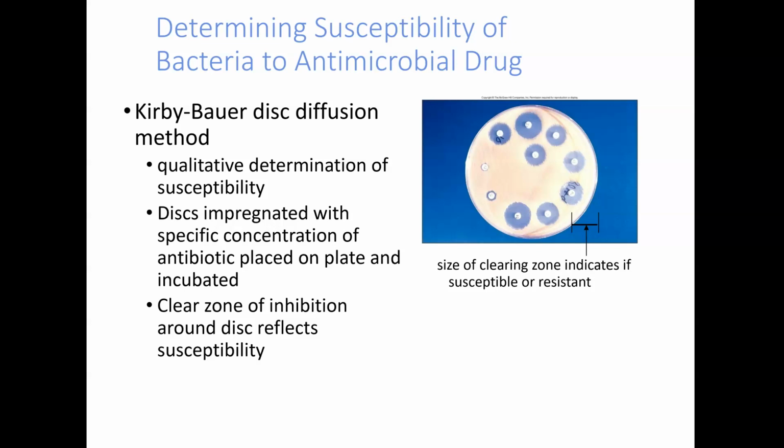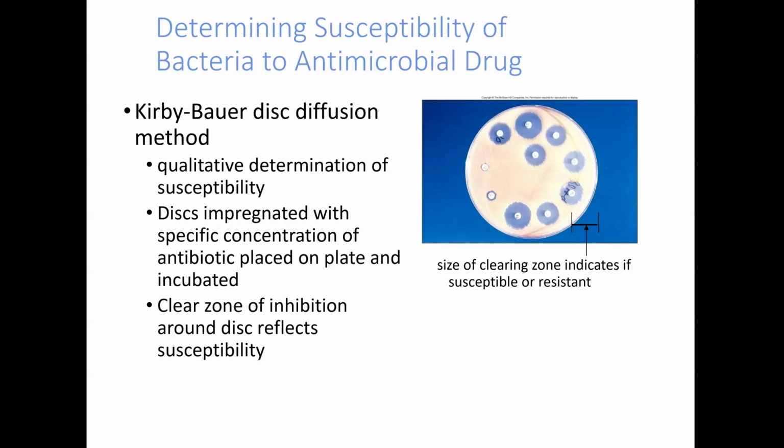Another approach to determining susceptibility is the Kirby-Bauer disc diffusion method. So you basically take an agar plate of Mueller-Hinton agar. It's a special type of agar that is poured in a particular way. First you streak the plate with the bacteria that you're looking to determine susceptibility for, and then you put different little paper discs on the surface of the agar, and the paper discs are infused with different kinds of antibiotics.